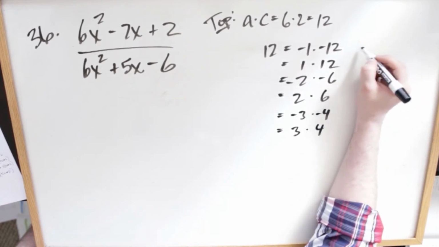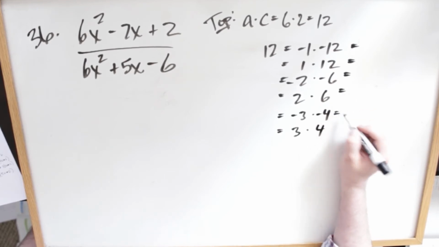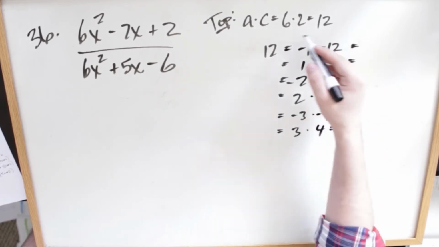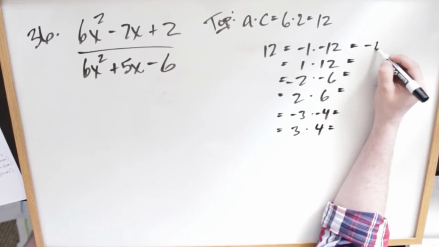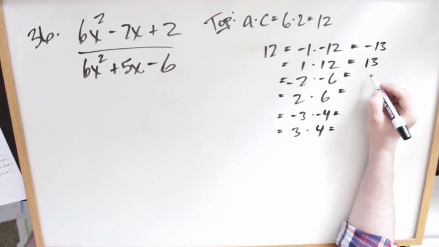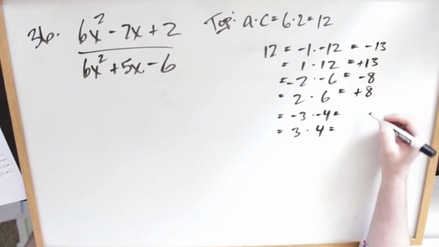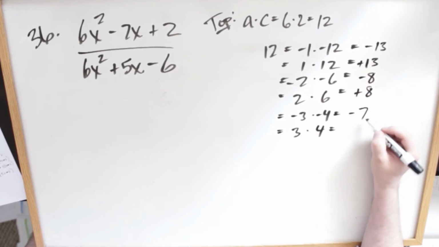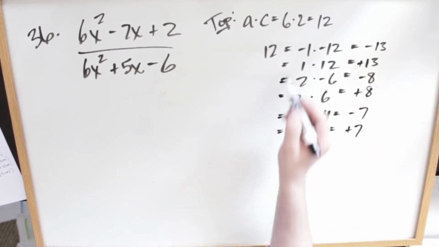So now when I add these together, you'll notice I don't have the sum and product thing. I'm hoping you'll understand what I'm doing. This is going to be a minus 13. This is going to be a positive 13. Minus 8, positive 8. I'll put the positive sign there. It doesn't make a difference. Minus 7, positive 7, okay? So that was for the 12.